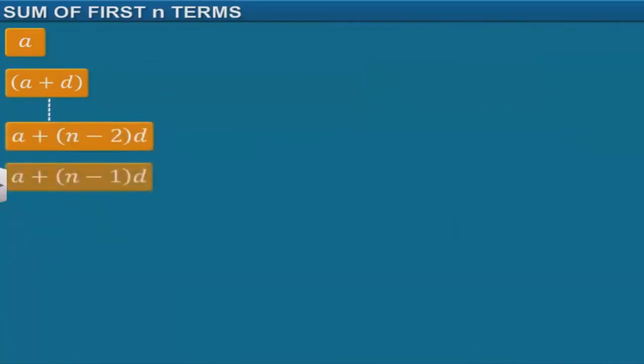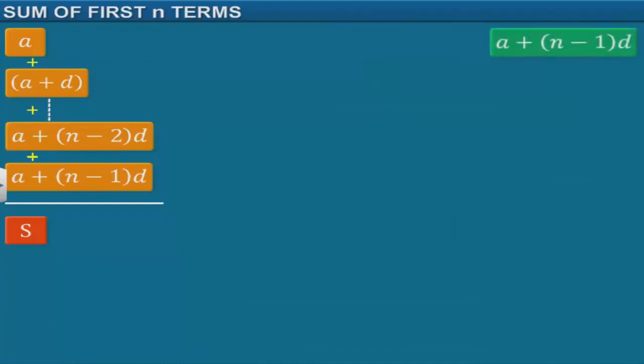Let the sum of these terms be s. Now, let's consider the reverse of this AP. In the reversed AP, the last term, a plus n minus 1 multiplied by d, appears in the first position, and the first term, a, in the last position. The sum of the terms of this AP also will be s.